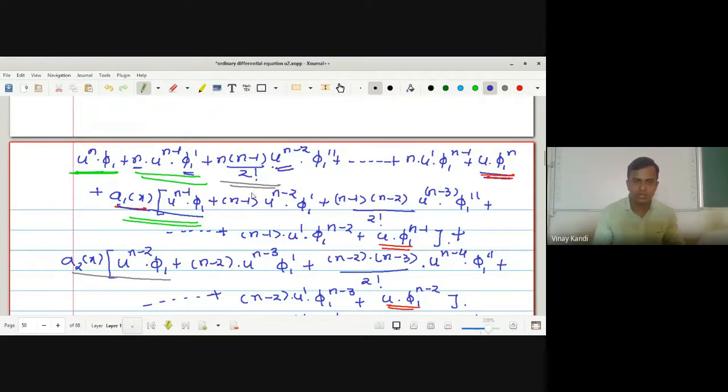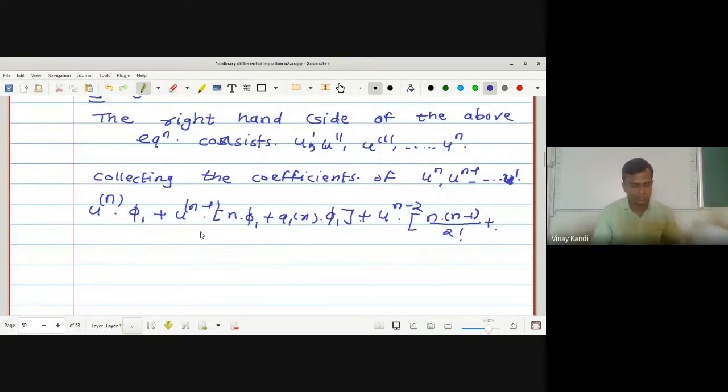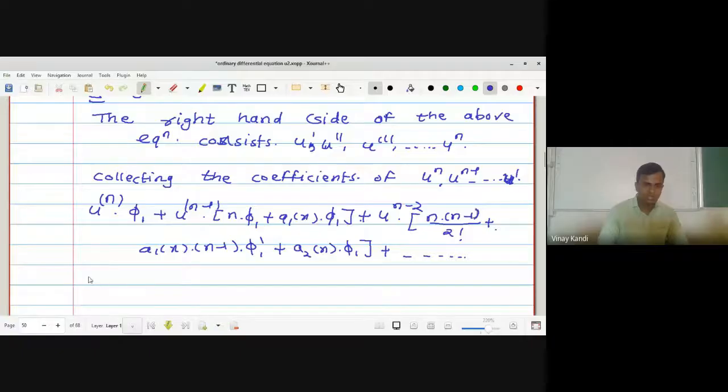Here it will be n minus 1 a1 of x and phi 1, plus a1 of x into n minus 1 phi 1 dash, plus u dash.